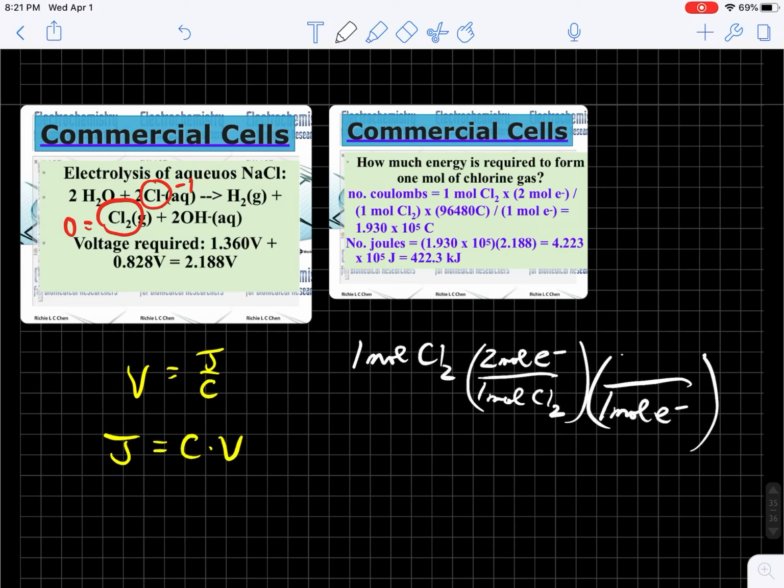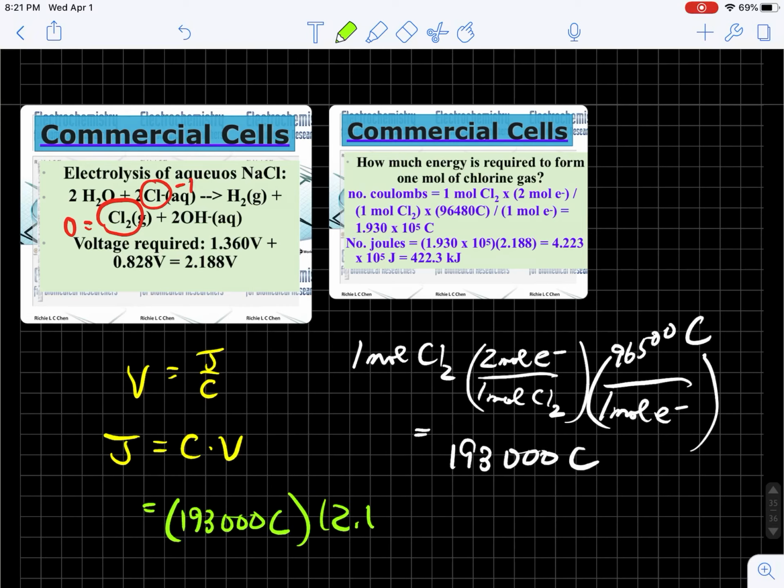Also know that for every 1 mole of electrons transferred, we have 96,500 coulombs. So this comes out to be 193,000 coulombs. So now I can just substitute into that equation, energy is equal to a coulomb volt. So we have 193,000 coulombs times a voltage of 2.188 joules per coulomb.